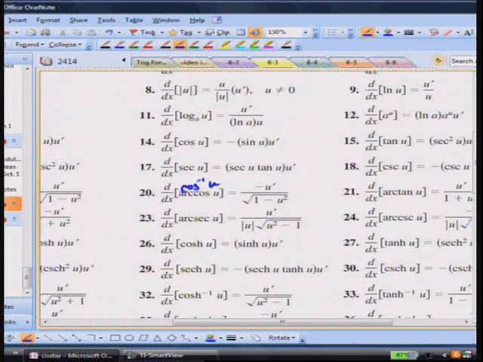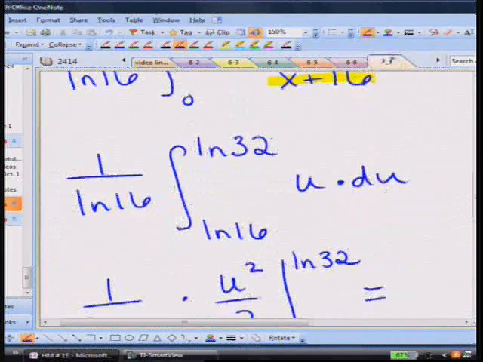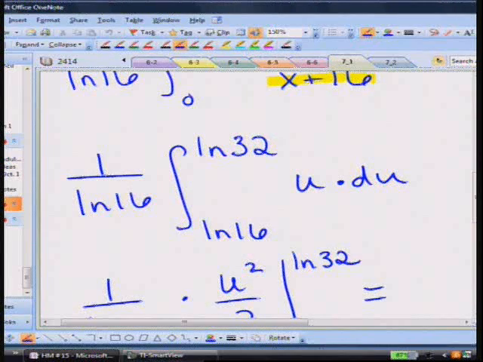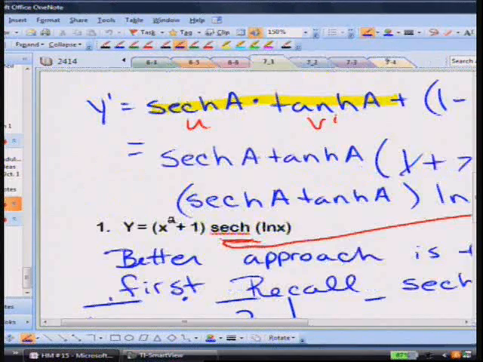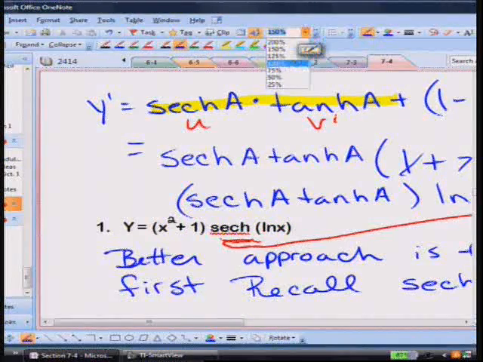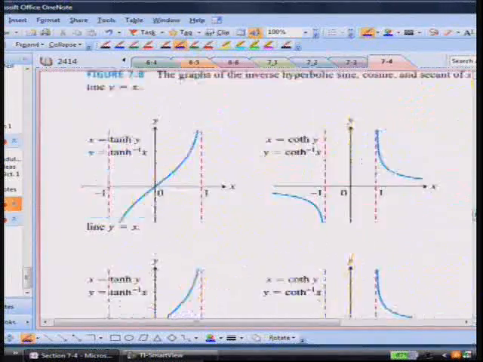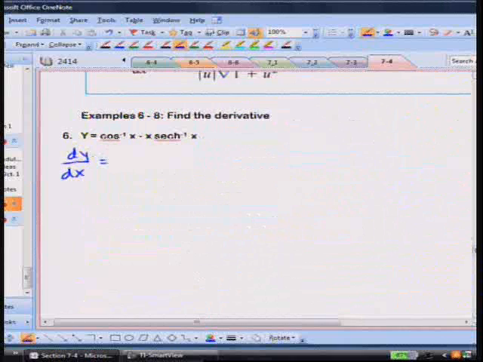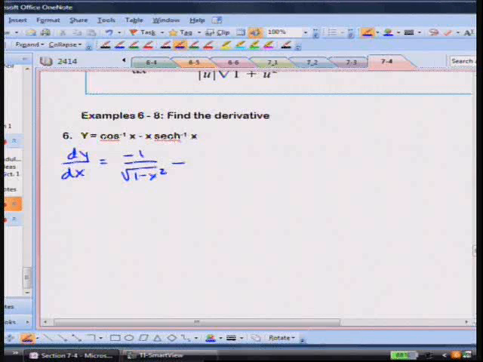So you will write the derivative of the inverse cosine as negative, and u is just x, so negative 1 over the square root of 1 minus x squared. And then minus, we're going to have a product rule.